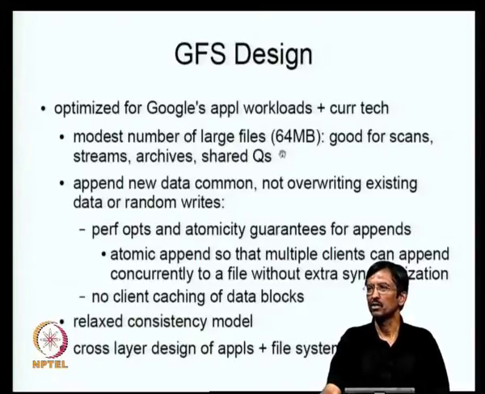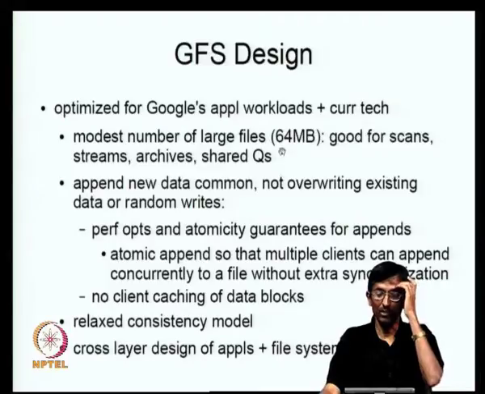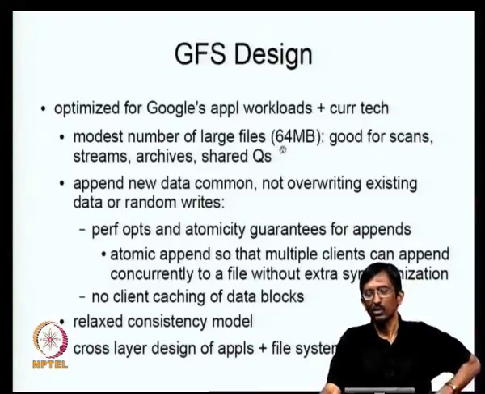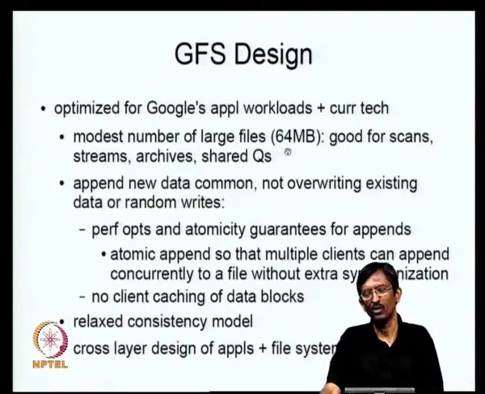Only nowadays, with widespread use of music files like MP3, the size of a typical file that most people use is closer to 4 to 8, 10 megabytes. But in the past, before music files became common, most of the design space was to handle 4 kilobytes or 8 kilobytes or somewhere in that region. That is the size of a typical file. Another difference is that appending new data is common, not overwriting existing data or random writes.